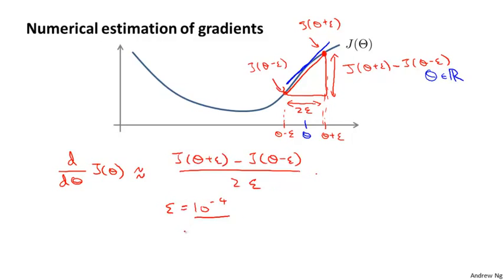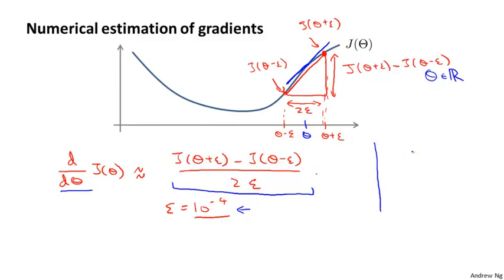There's usually a large range of different values for epsilon that work just fine, and in fact if you let epsilon become really small, then mathematically this term becomes exactly the slope of the function at this point. It's just that we don't want to use epsilon that's too small, because then you might run into numerical problems. So I usually use epsilon around 10 to the minus 4, say.